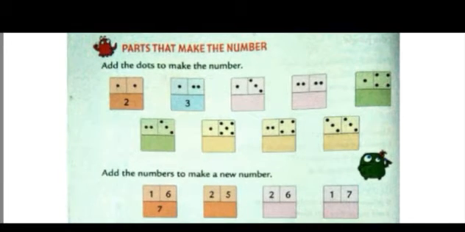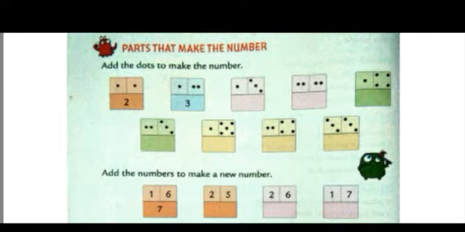Just see the first example given here. How many dots can you see here? 1, 2. So, we need to count the dots and we need to write the number in the given space. So, first and the second one is already done. Now, let's start with the third one.